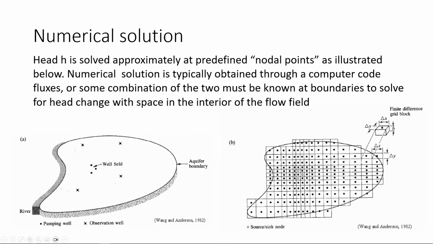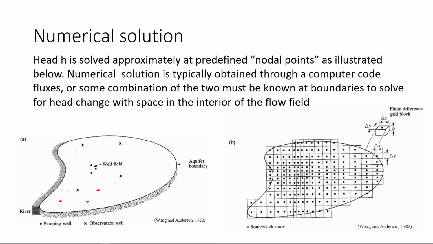Again, as I told you, this is the difference between analytical and numerical solution. For both of them, you need to define boundary conditions and initial conditions if you're doing a transient solution. With an analytical solution, you find the exact value at the exact space and time.